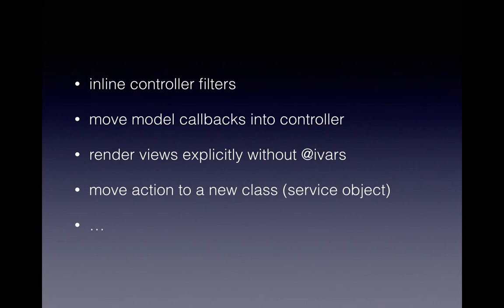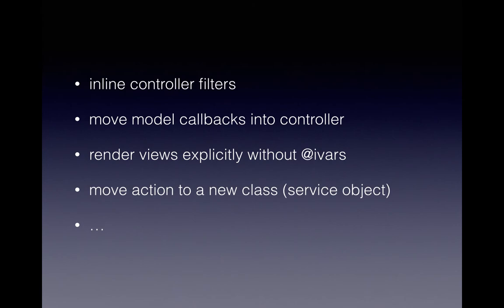Also, you can't move the controller action out of the controller if your views implicitly depend on the instance variables, because you'll just break stuff. You need to make a clear interface between what the views expect from your controllers and never use instance variables. That's required if you want to do any further work in improving the quality of your Rails controllers.